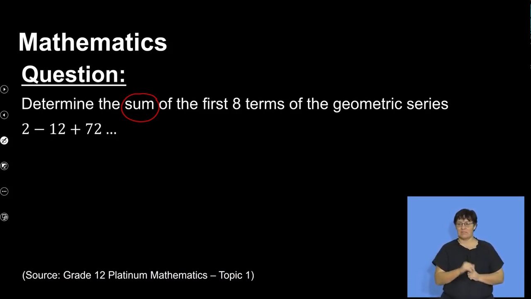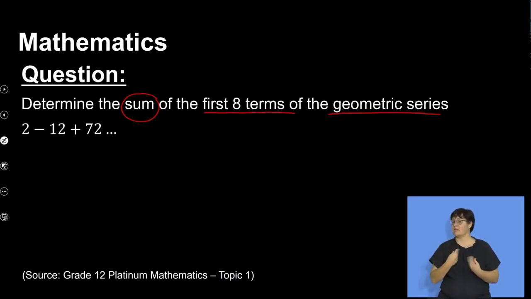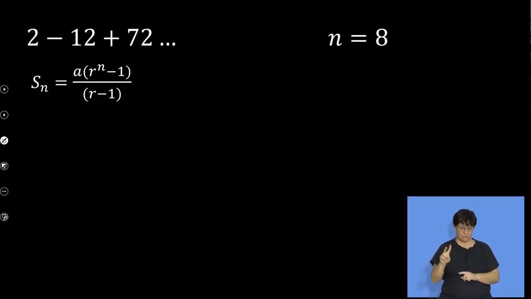I see the word sum, which means I'm going to be doing a series. I'm determining the sum of the first 8 terms of the geometric series, which has been given to me as 2 minus 12 plus 72.